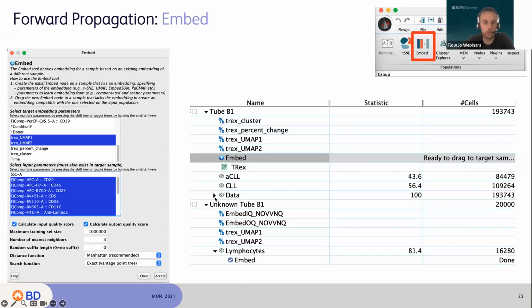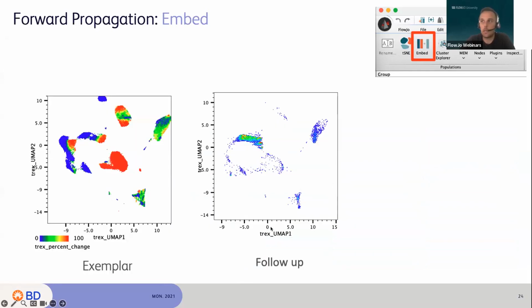Now I have my new sample, for example this unknown tube B1, and I just click and drag my Embed onto this unknown tube B1, and it automatically recreates my T-Rex UMAP1, UMAP2. Here was my UMAP before on my real sample, the one I ran before, and here is my UMAP on my new set of samples.